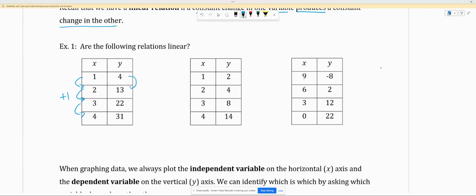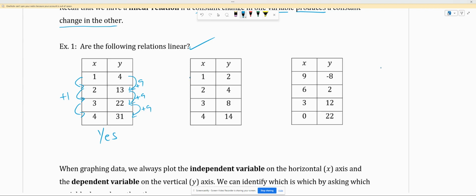And now we have to check the right side, and this is increasing by 9. This is increasing by +9 as well, and another +9. Since both sides are constant, then yes, this is linear. Everything is constant change on both sides.